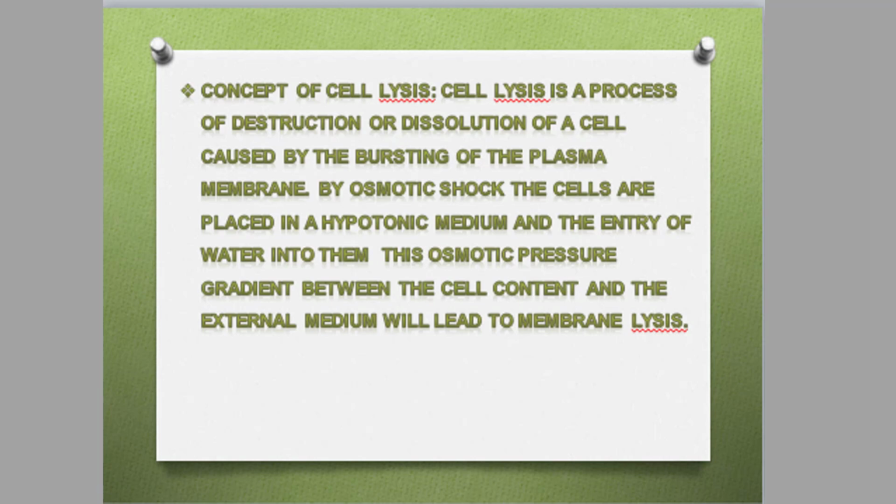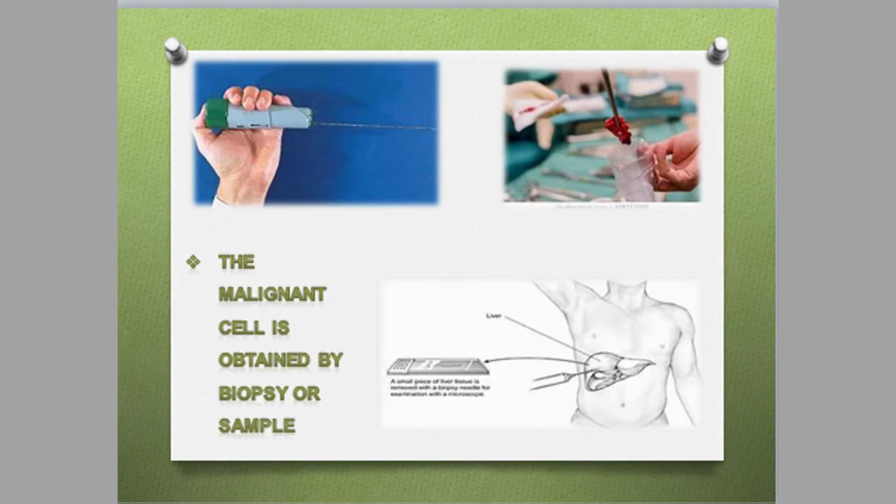The cells are placed in a hypotonic medium and water filters into them. This osmotic pressure gradient between the cell content and the external medium will lead to membrane lysis.